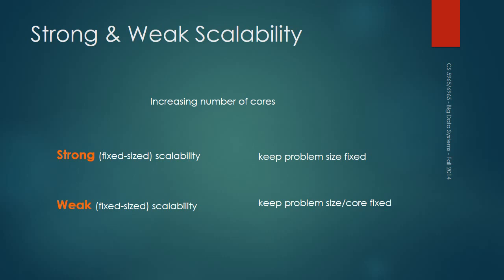So again, when you test methods, when you start developing them, consider both of these cases, and it's good to understand and analyze how your algorithm and your implementation scales both strongly and in a weak fashion. Okay.